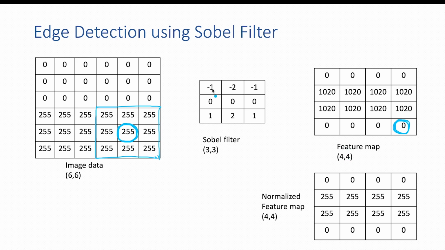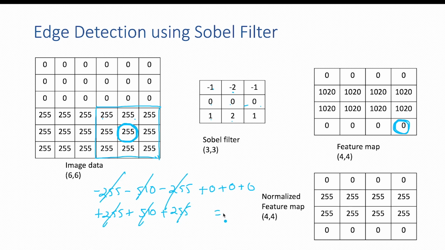So -1 multiplied by 255 is -255. -2 multiplied by 255 is going to produce a value of -510. Then -255 again. Plus 0 plus 0 plus 0, since all of these values are zeros. And then 1 multiplied by 255 is plus 255. 2 multiplied by 255 is going to result in 510, and then 255. So these terms cancel out with each other and the resultant value is 0. That's what we are observing here.